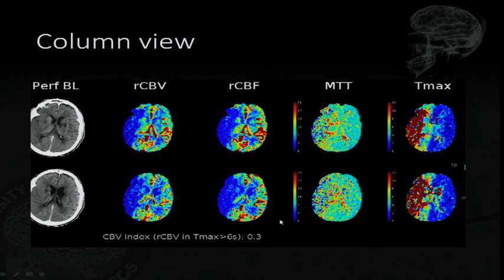And then you get this column view. This patient has a big MCA stroke, decreased blood volume, decreased blood flow, increased mean transit time, and increased Tmax. But it's already dead tissue, so trust your non-contrast CT.